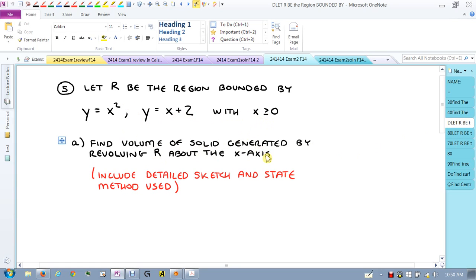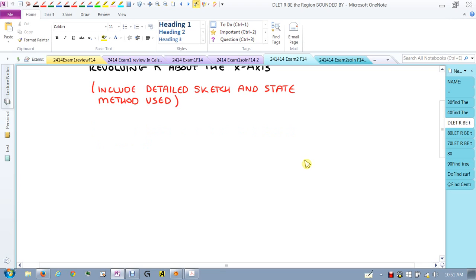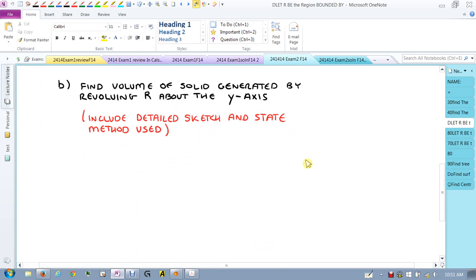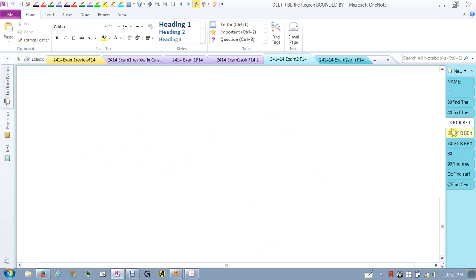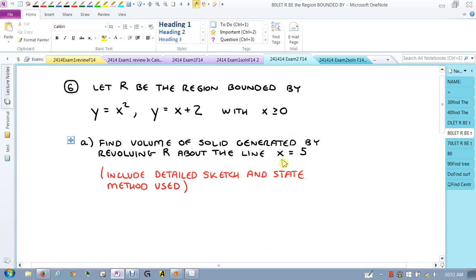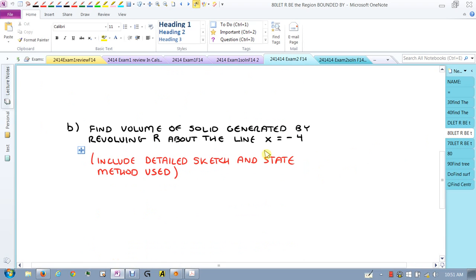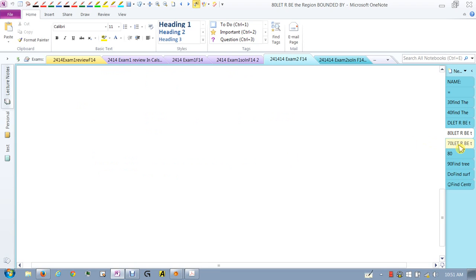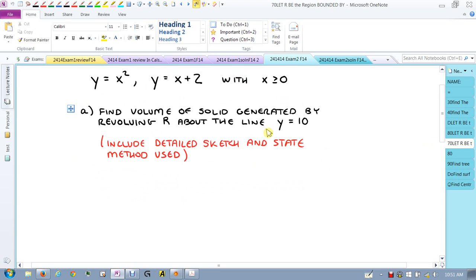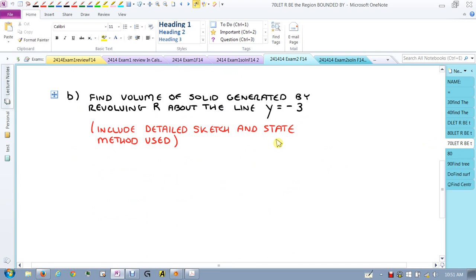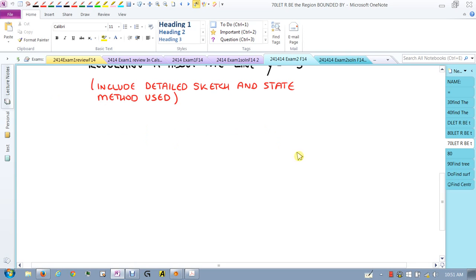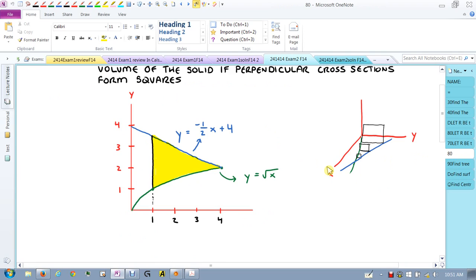Find the volume of the solid generated by revolving R about the x-axis, then the y-axis, and then the same region around x equals 5, then around x equals -4, and then the same region rotated about y equals 10, and then y equals -3. So you can see it's 6 different rotations to do with one region. That's a good practice problem, or a good view of what you'll see on the test.